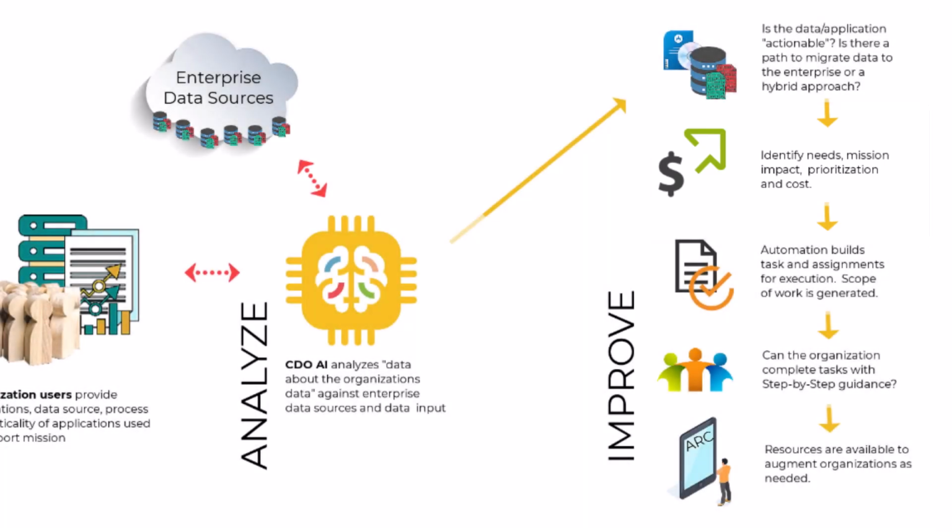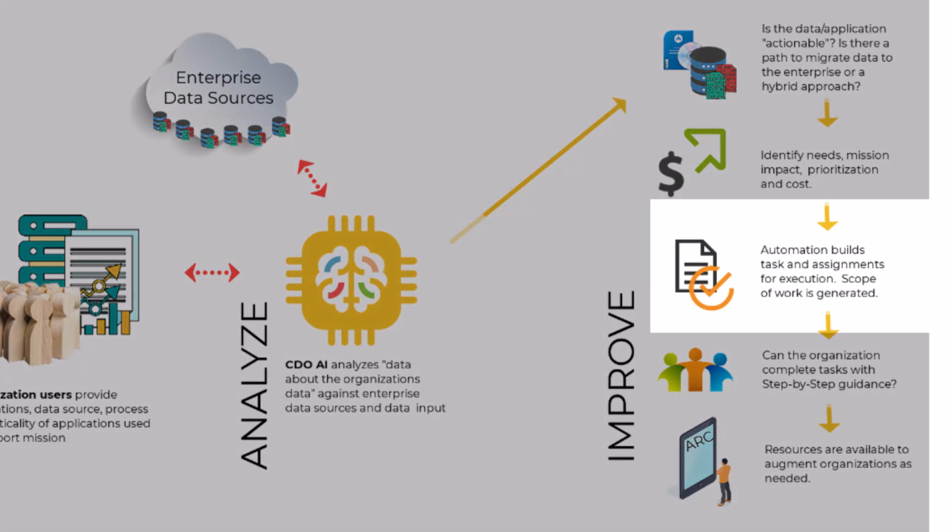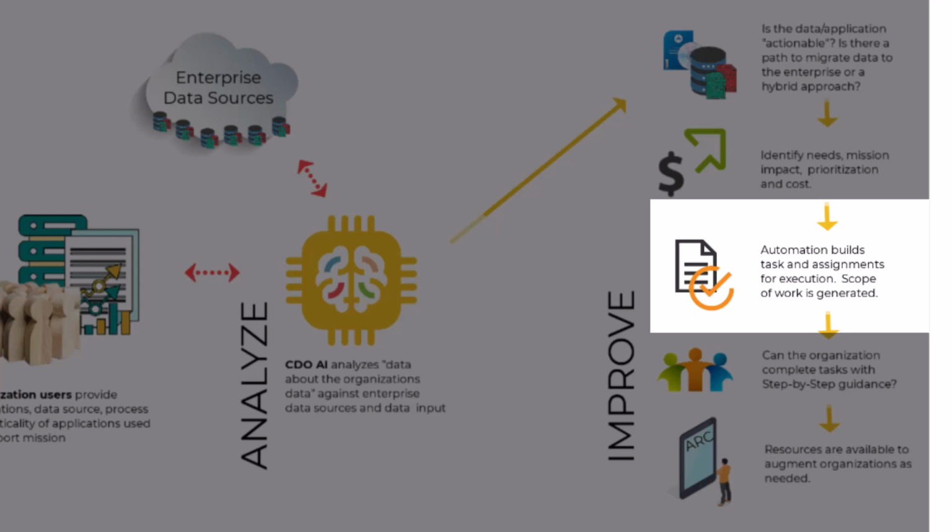Essentially, develop a scope of work of what needs to be done to make that data set for that application actionable. Then through automation, once you've said, yes, it's actionable, and here is the additional information needed, tasks are assigned and built, and the scope is generated. The scope is down there at the bottom.